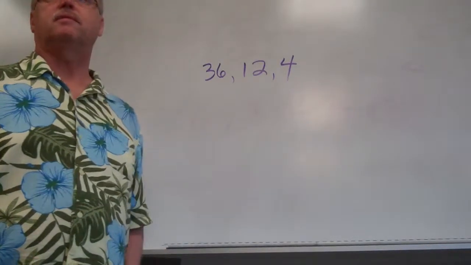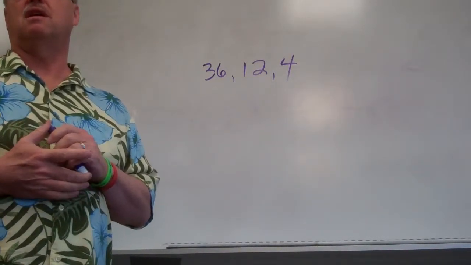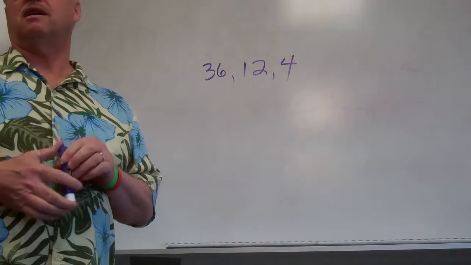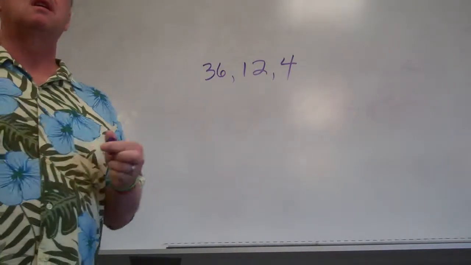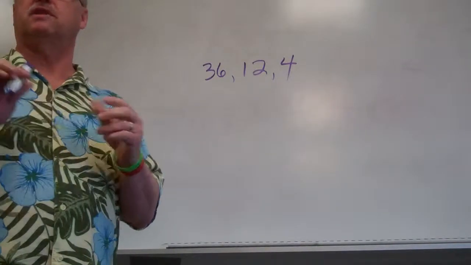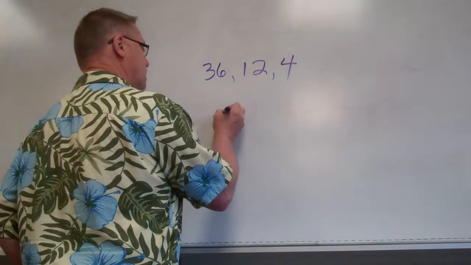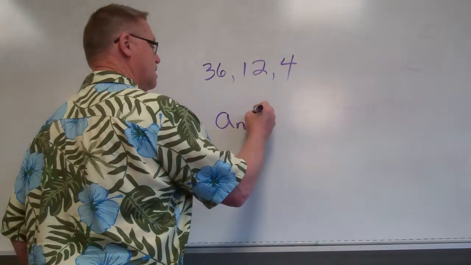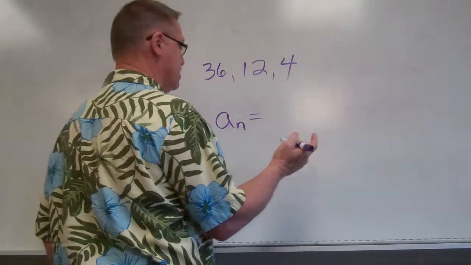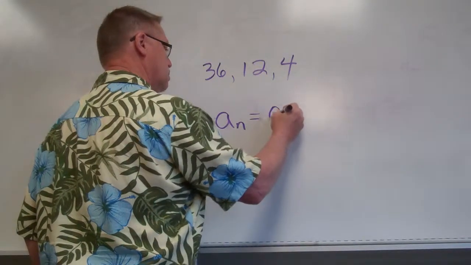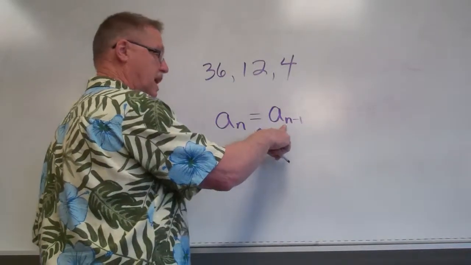So you're right. So now we have to write two formulas for this, for A sub n, a recursive and an explicit. The recursive is usually kind of easy to write. You just write down A sub n equals, and once you've decided what it's doing, you put down A sub n minus 1, which is the last one.